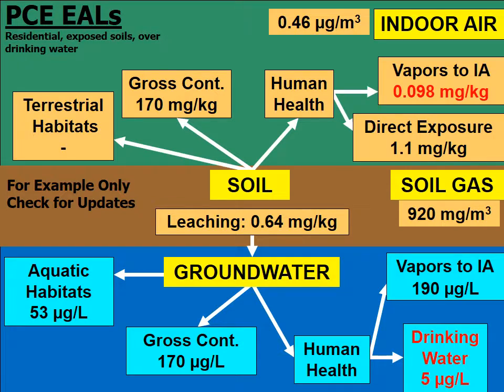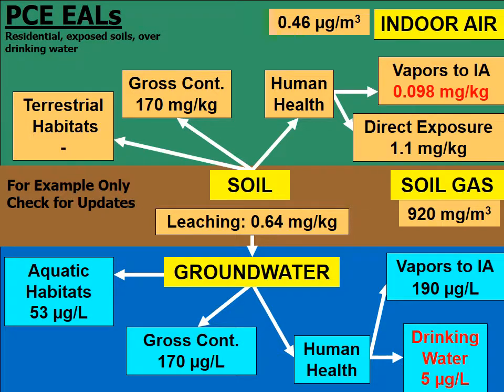Now this can be kind of complicated, so what we've done in what we refer to as our EAL surfer, is just electronic lookup tables. Our main guidance also is we reduce this down to a single number. So for soil and groundwater, we take the lowest action level for all of the potential environmental concerns, and this becomes our tier 1 action level.